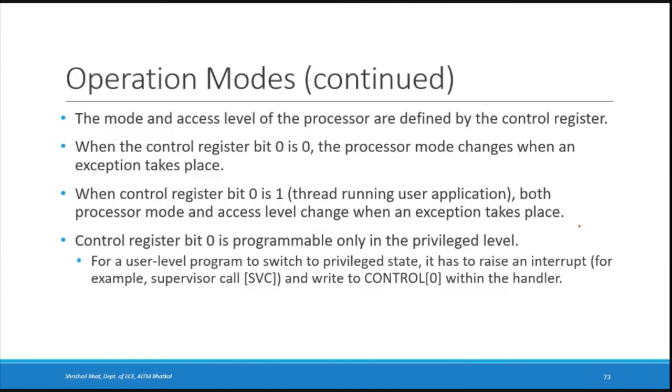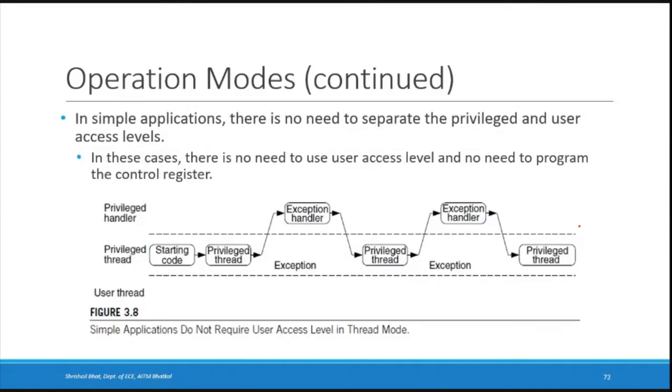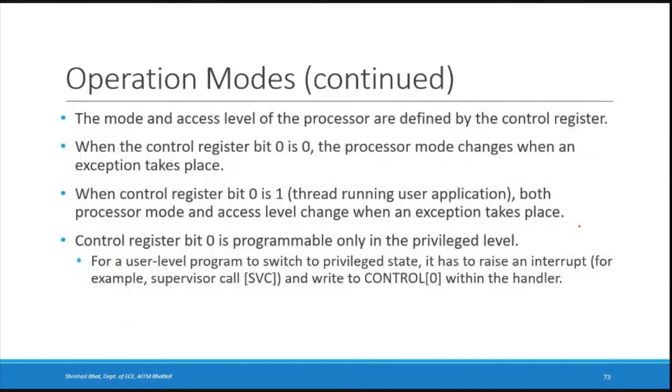And when the control register bit 0 is 1, that is in the thread level, right? In the thread level, there is no change to handler mode, because in the thread mode there is no user level. So if the control bit 0 is 1, it is in the user level. In the user level, it can only be in the thread mode, right?